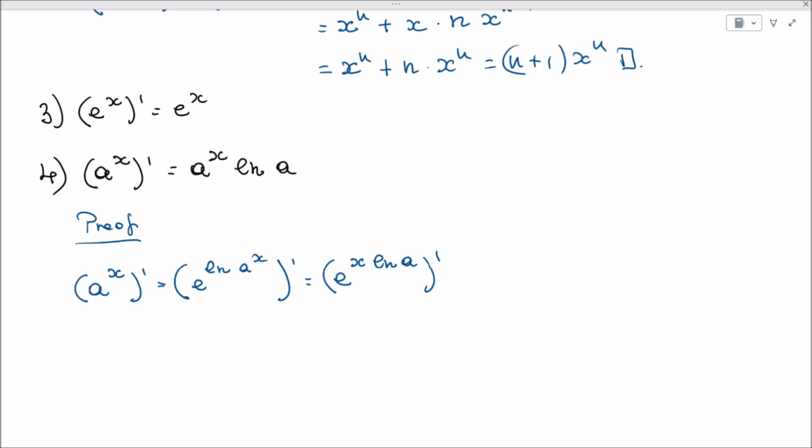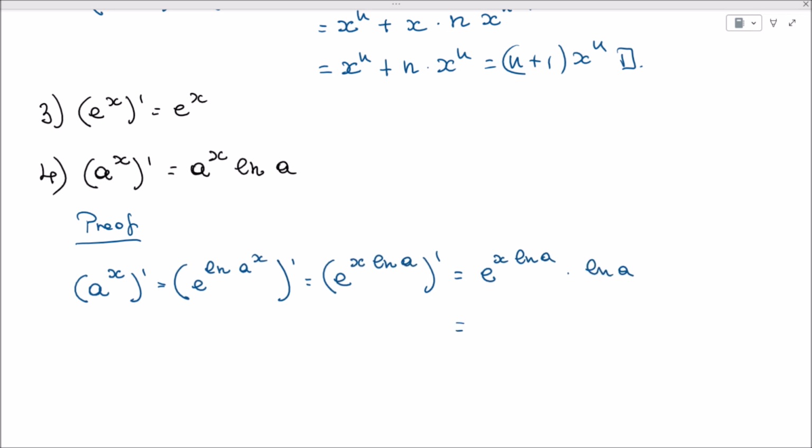And now we have the result 3. So we are now applying the theorem on the compound function. We know that this is going to be e to the x logarithm of a times the derivative of the exponent, which is simply logarithm of a.